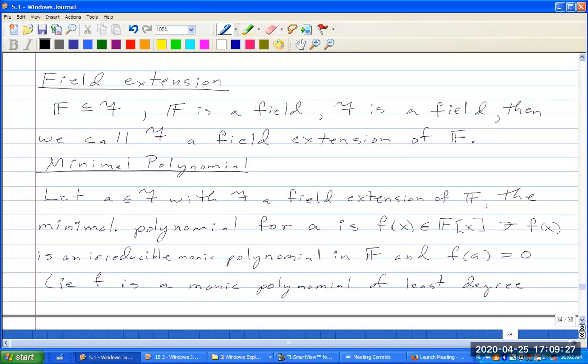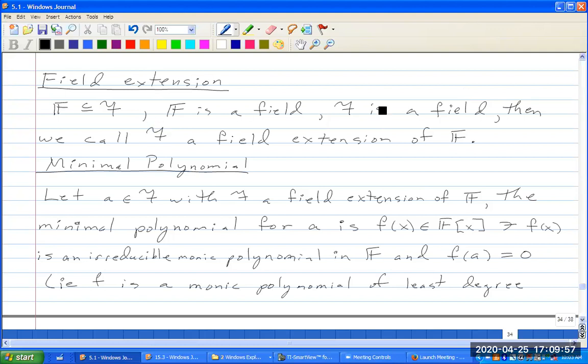Field extensions. So let the field F and the field curly F be such that the set F is a subset of the set curly F. F is a field, and curly F is also a field.